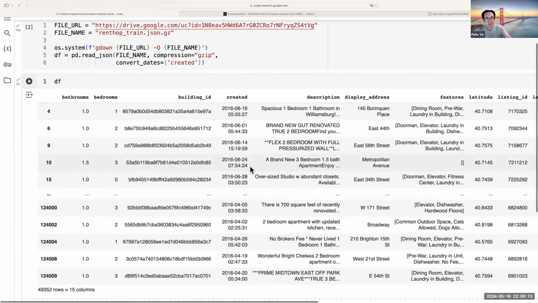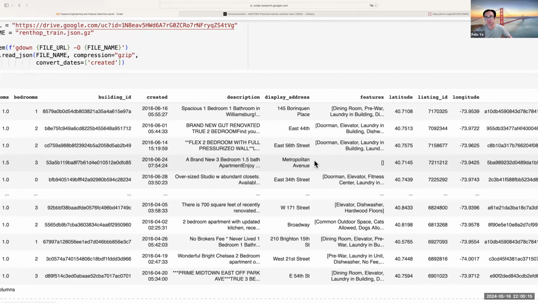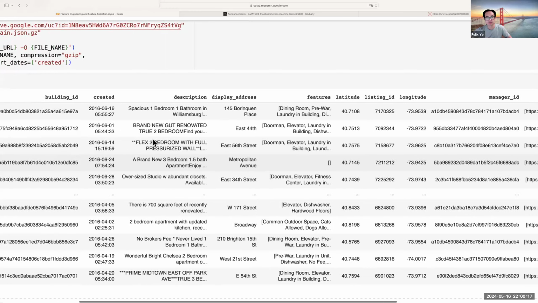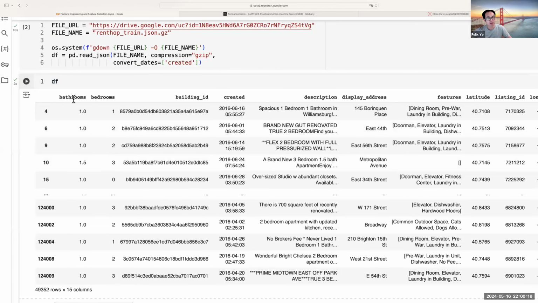Okay, so we can see this actually has a lot of features. For example, the features include bathrooms, bedrooms, building ID, which is fairly random, the time created, and the description. You can see the description involves a lot of words and sentences, and the same with the features.